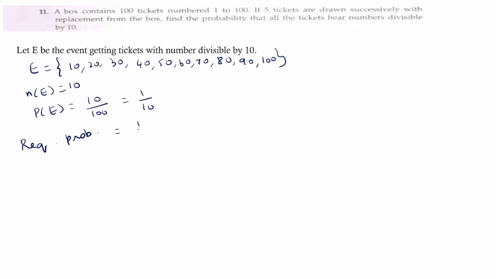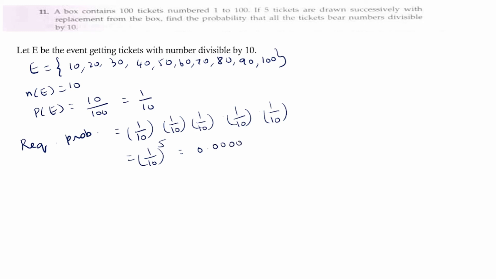So the required probability is equal to 1 by 10 into 1 by 10 into 1 by 10, that is 1 by 10 the whole raised to 5. So it is 0.00001. So this is the required probability.